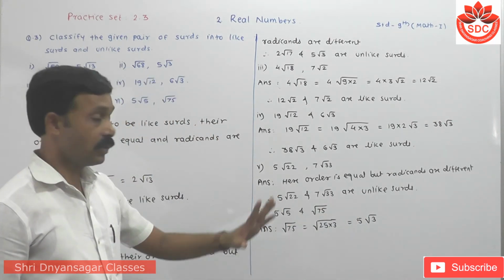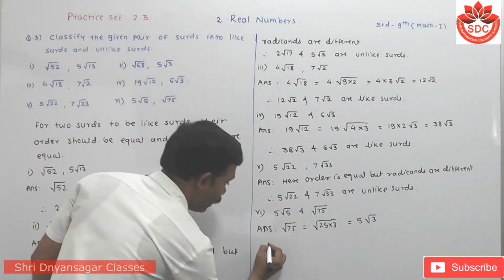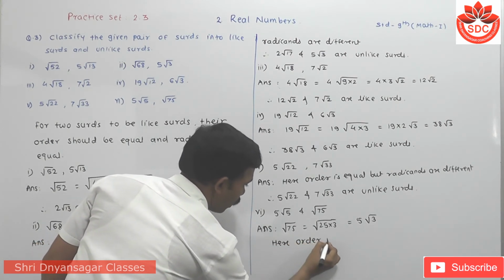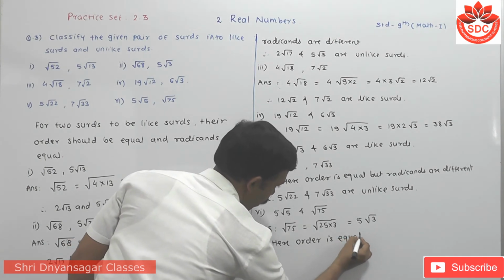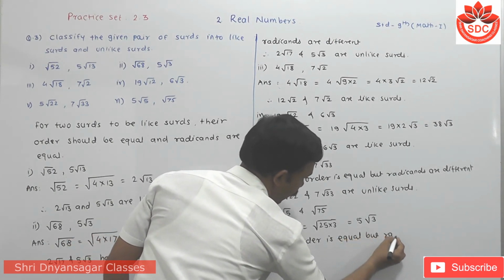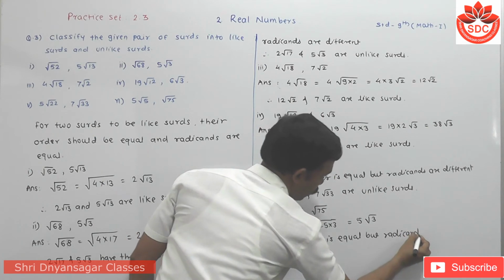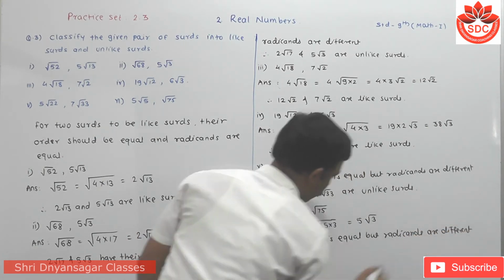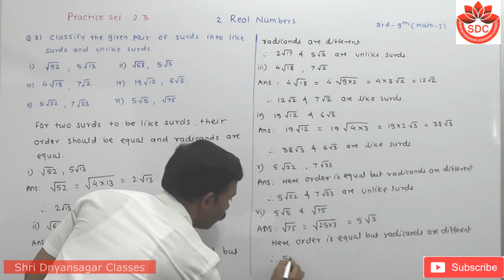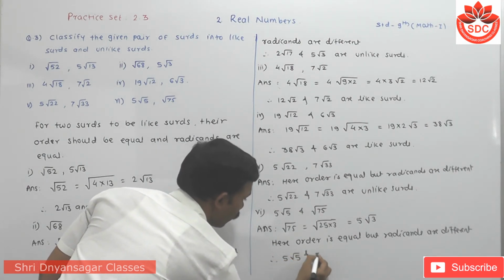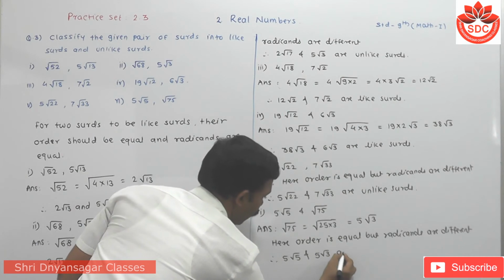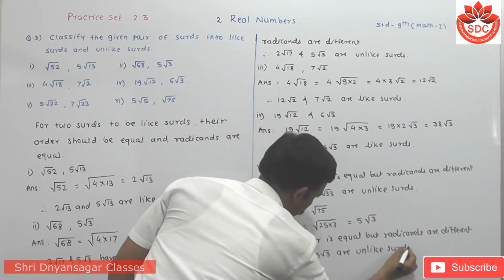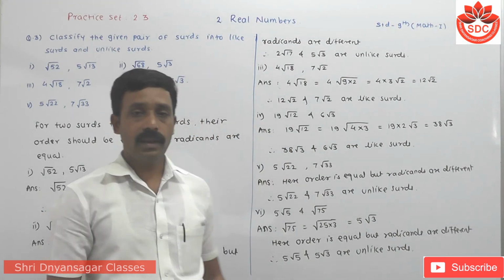So this is also unlike surds. So here we write: order is equal, but radicands are different. Therefore, 5 root 5 and 5 root 3 are unlike. Can you understand this? Okay, we see the next question.